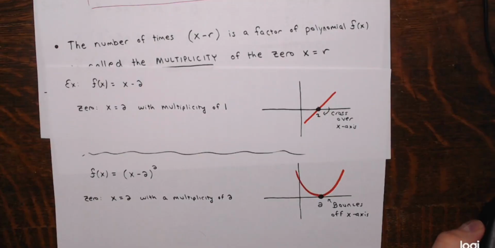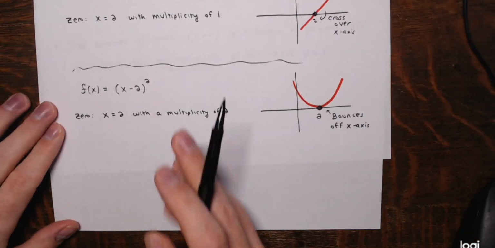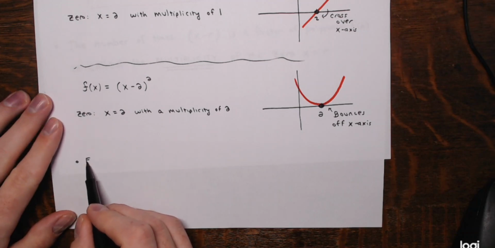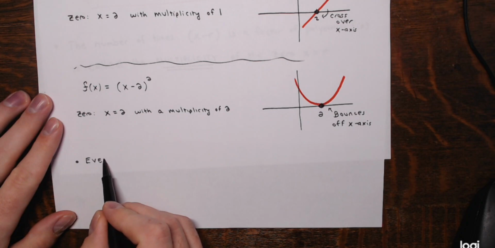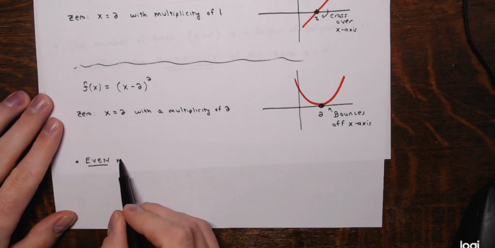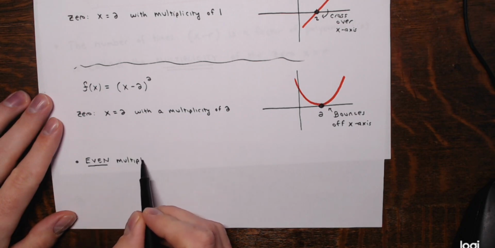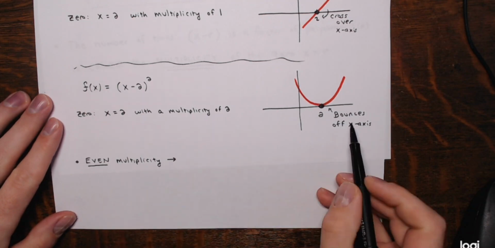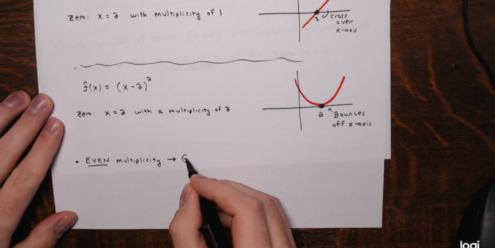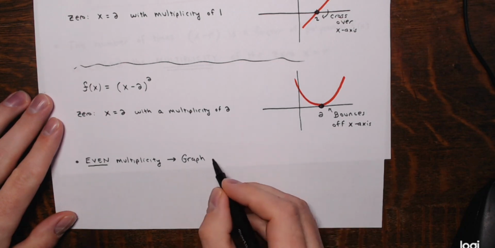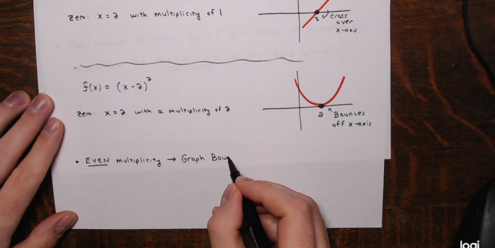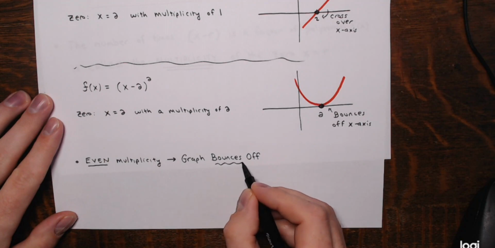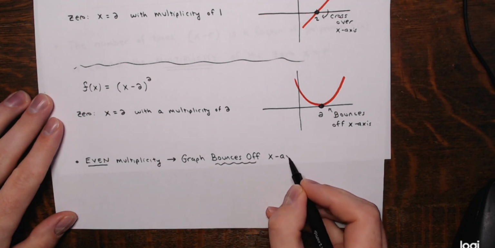So what we've noticed, hopefully, from all these is that if you have an even multiplicity, then the graph will bounce off the x-axis at that 0.